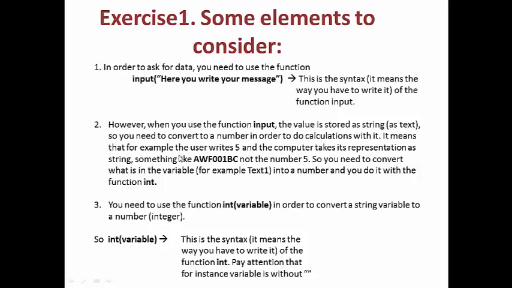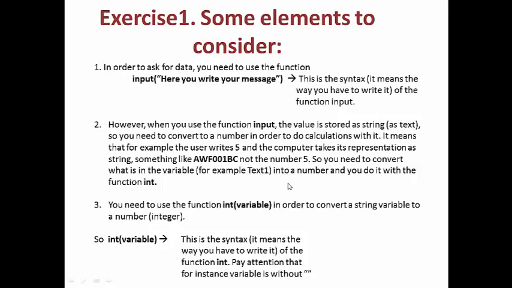Okay? Second, what is the problem with input in Python? When you use the function input, the value that is provided by the user, for example, you say, okay, please give me a number, and the user writes 5. The number is taken as text or a string. Is stored as string.